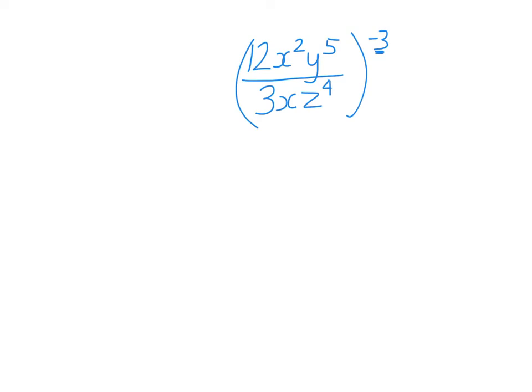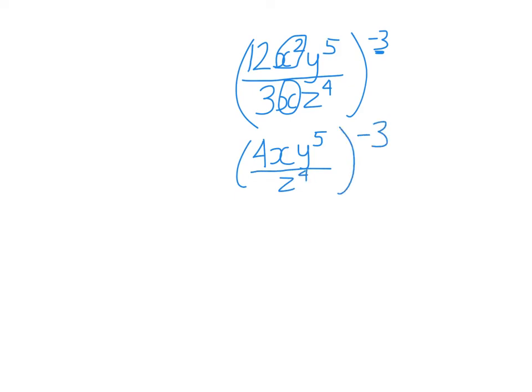So 12 divided by 3 gives you 4. Now we look for things that have the same base, so x squared and x, same base. x squared divided by x is just x. I keep the y to the power of 5 as it is, haven't changed it at all, and we still have a z to the power of 4 on the bottom. Haven't changed that at all.